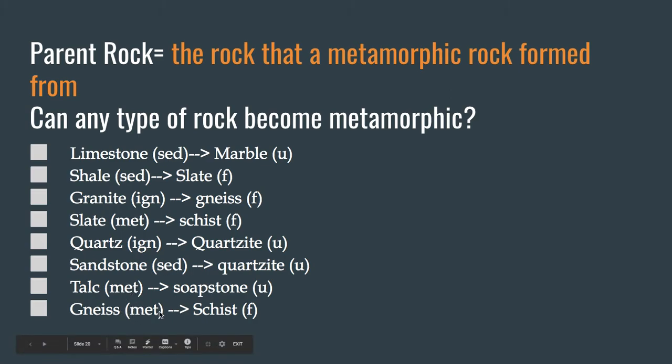Gneiss, that should say igneous, can also become a type of schist. All right, so any rock can become metamorphic. Actually, I don't know why I said gneiss is already metamorphic. I'm sorry, guys. Gneiss can become schist as well. Okay, that's my bad. Gneiss is metamorphic. I'm silly. All right, any type of rock can become metamorphic as long as it's exposed to heat and pressure.